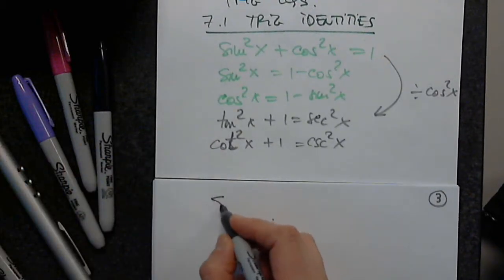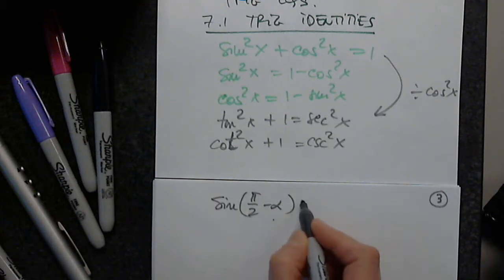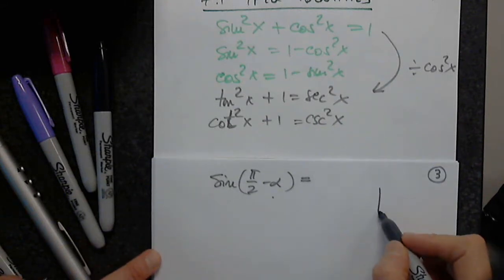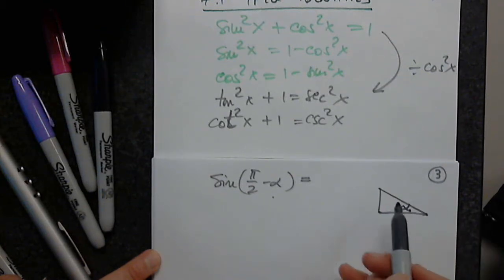Here's another one. Sine of pi over 2 minus alpha. What did we say this equals to? And that is an identity. Okay, let's say we don't remember. Here it is. This is alpha. What is this angle?